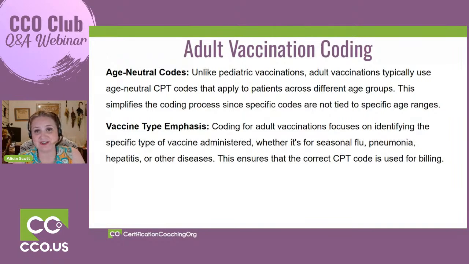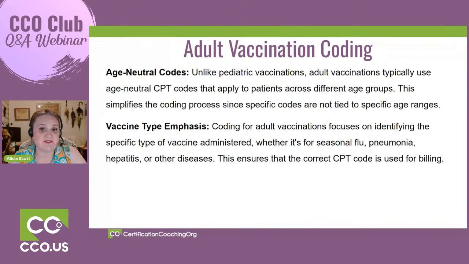But you get shingles is a type of chickenpox. So it's either varicella or the shingles shot. I don't know the difference in those. You may be more familiar with that. But again, understanding what the vaccine is going to allow you to code to the highest specificity when you deal with adult vaccination codes.